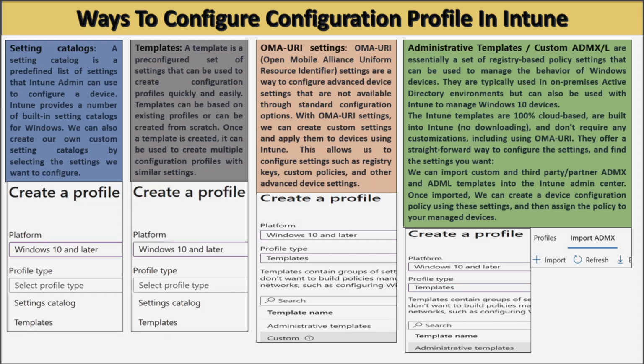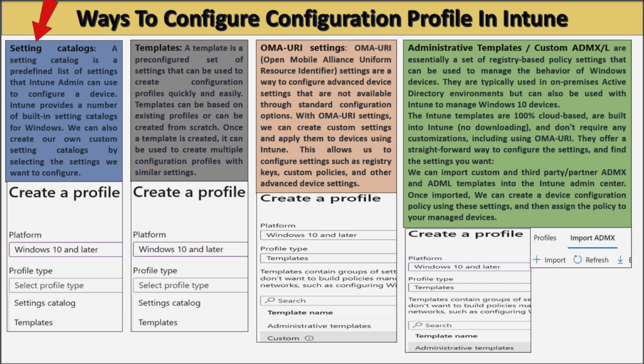Now let's see how many ways we can configure a configuration profile in Intune. There are mainly four ways through which we can configure a configuration profile, or configure the device features and settings via Intune, and these are setting catalogs, templates, OMA-URI settings, and administrative templates or custom administrative templates.